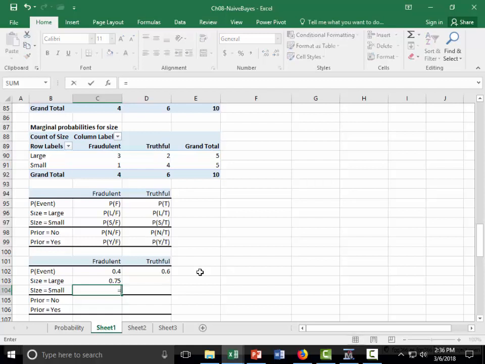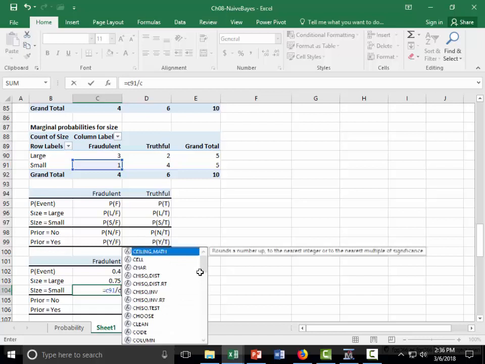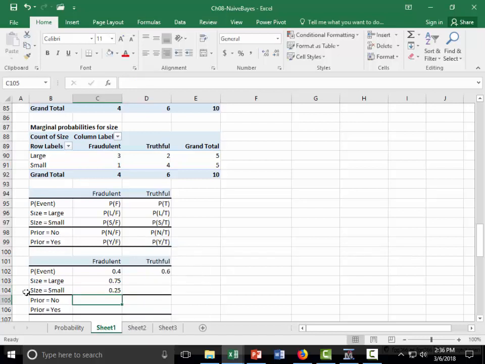Okay. And then C91 over C92 will be size S given F. If you copy that over, you will get truthful.